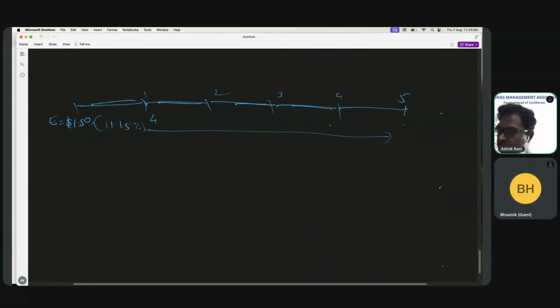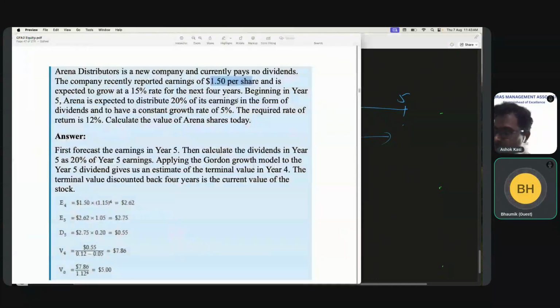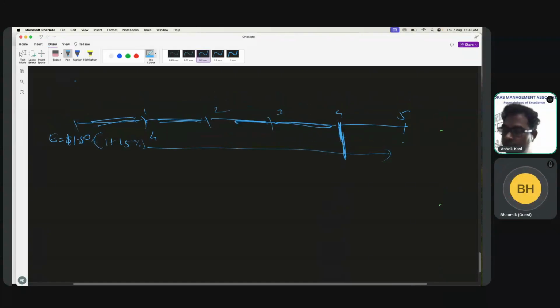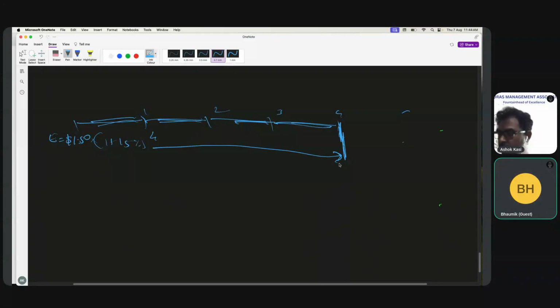Beginning in year 5, that means here they will pay, starting itself. It is $2.62.